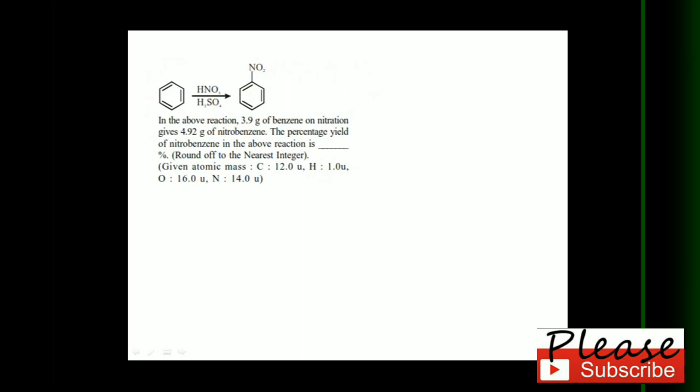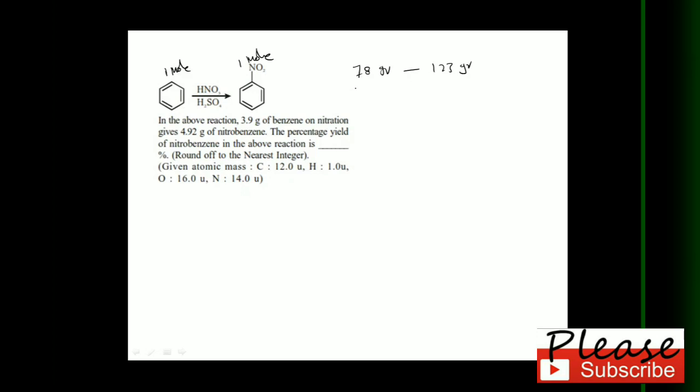Yeah, it is a numerically based question. In the above reaction, 3.9 grams of benzene on nitration gives 4.92 grams of nitrobenzene. So actually here 1 mole of benzene gives 1 mole of nitrobenzene. That means in this case 78 grams of benzene gives 123 grams of nitrobenzene.